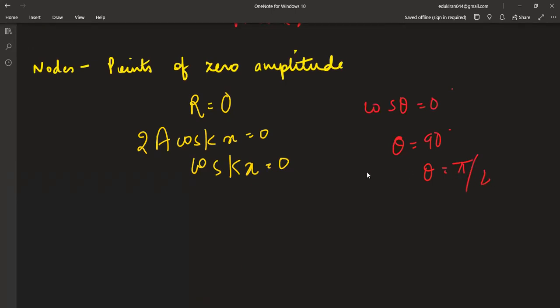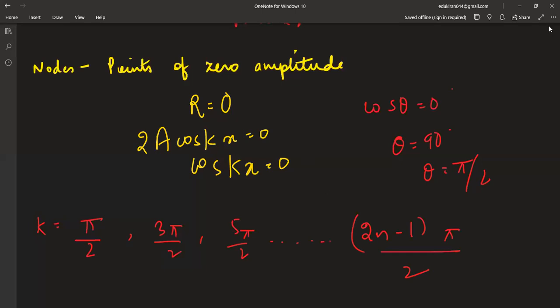So what are the values that we'll get? kx will be pi by 2, or 3 pi by 2, or 5 pi by 2. The best way to write it concisely is 2n minus 1 times pi by 2.